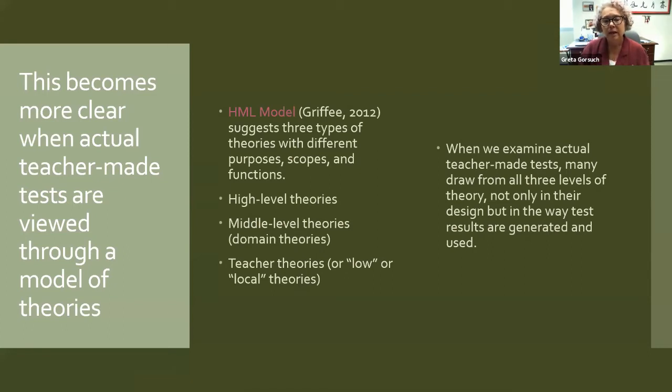So we have high-level theories, middle-level theories or domain theories, and teacher theories or low or local theories. When we examine actual teacher-made tests, many draw from all 3 levels of theory, not only in their design, but also in the way that the test results are generated and then used by teachers to give feedback or whatever it is the teachers use the test scores for.